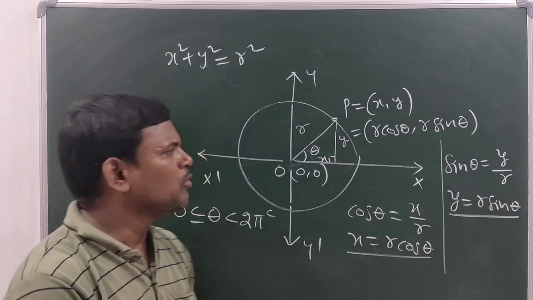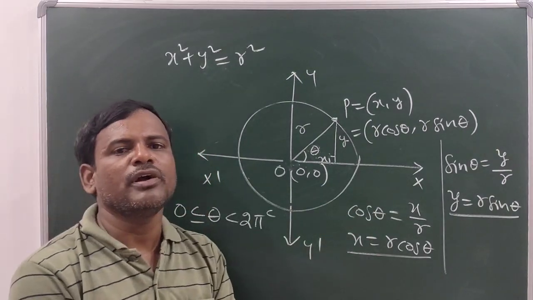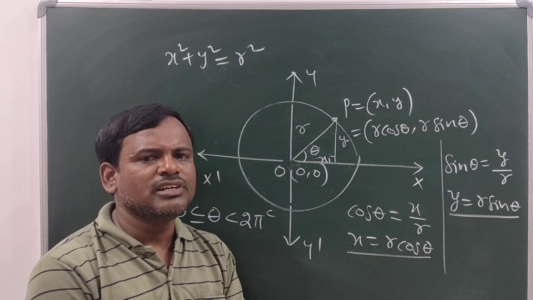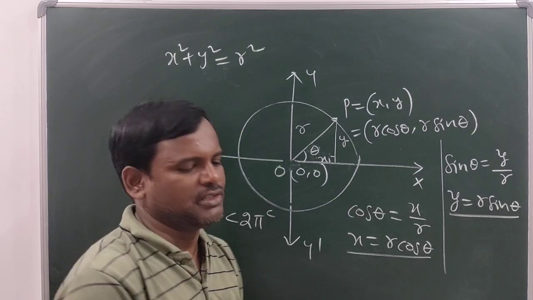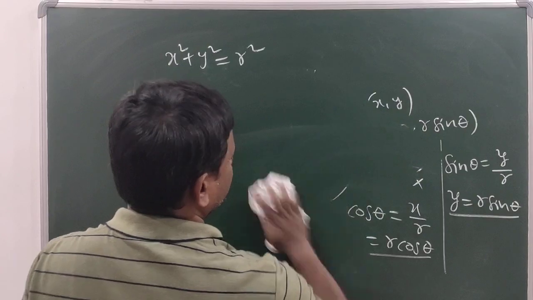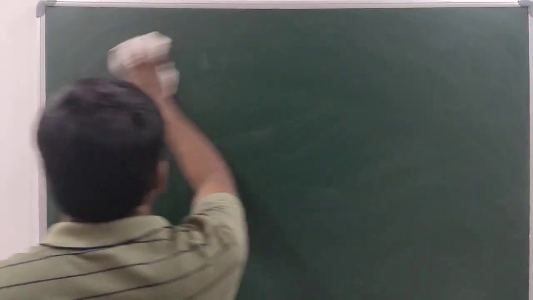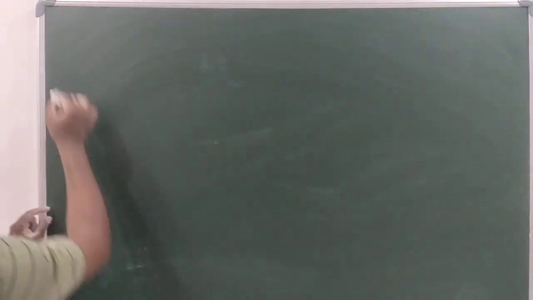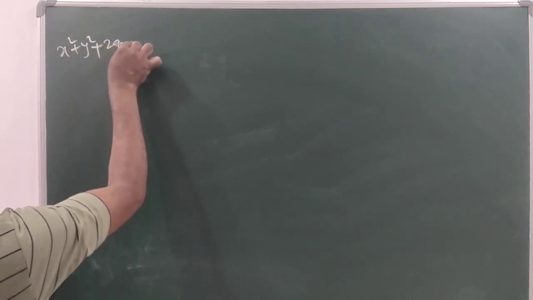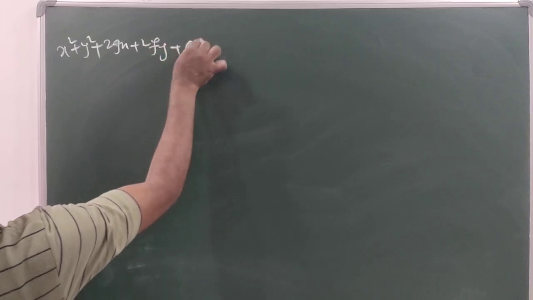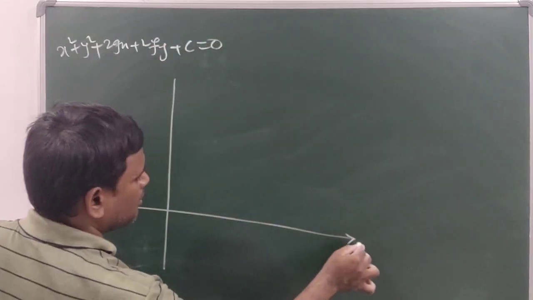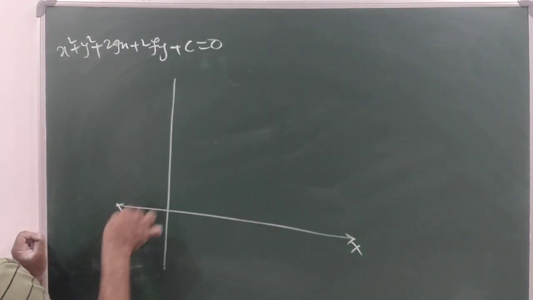I hope you have understood this parametric form of a point on the circle x square plus y square equal to r square as (r cos theta, r sin theta). Remember that. But if the center of the circle is other than the origin, means if the circle equation is given like this, x square plus y square plus 2gx plus 2fy plus c equal to 0, for this circle, how do you write the parametric equations?